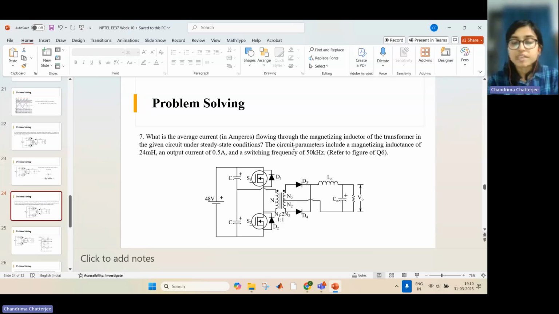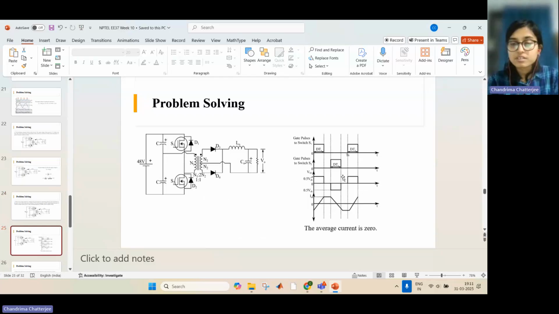Okay, so we have seen the waveforms of a push-pull converter. This is the steady state waveforms of a push-pull converter. So we have seen the flux has this kind of a waveform. So the magnetizing current waveform is something like this.